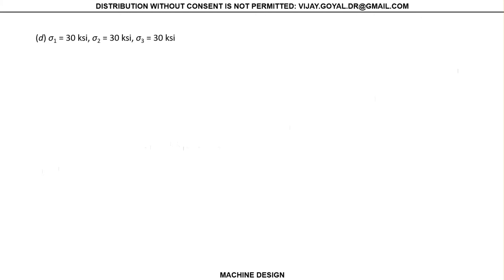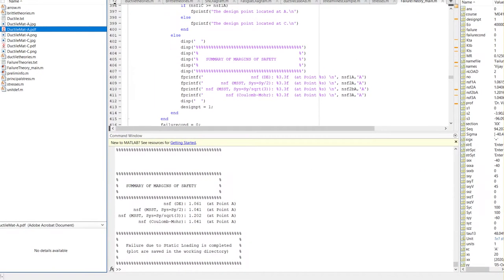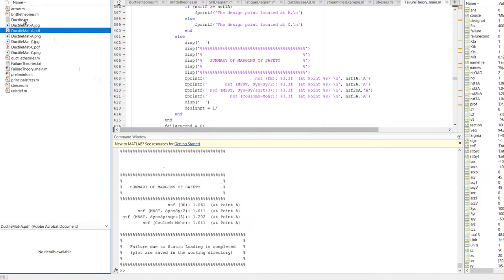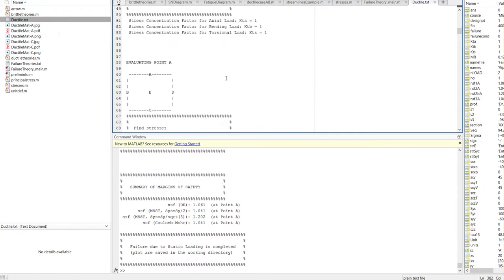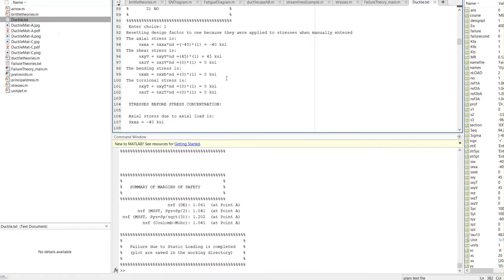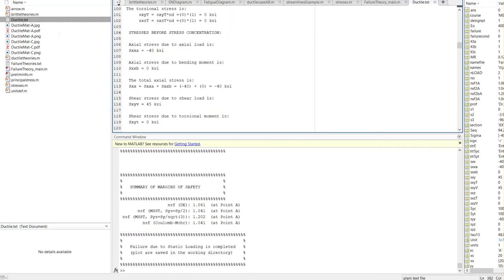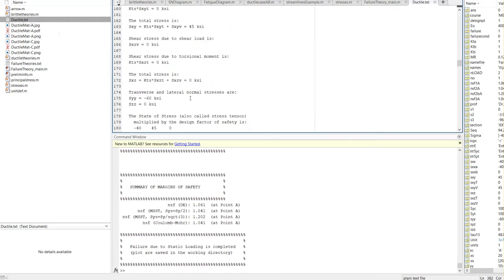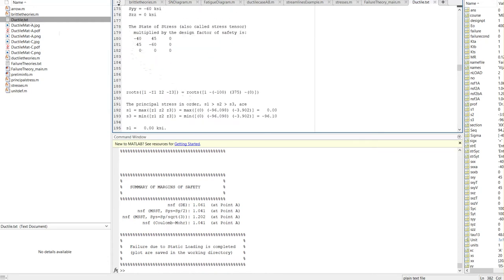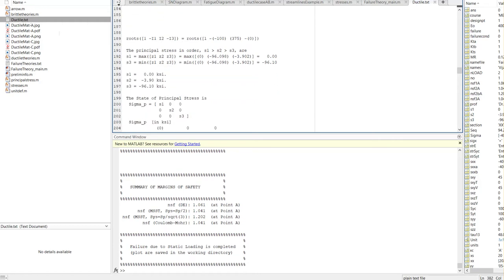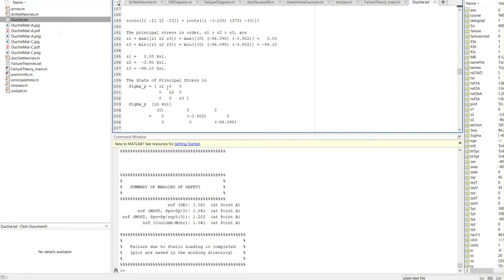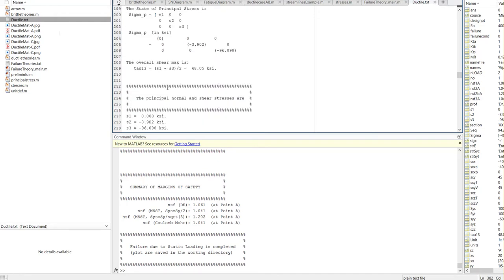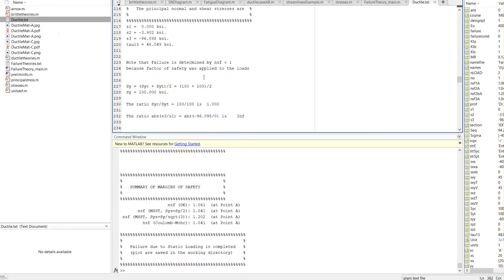So I have this case now. I just wanted to point out that here in the file, ductile, you have everything that you entered in the problem, multiplied by the design factor, and then it tells you your state of stress and what your principal stresses are. As you can see in this particular problem, they're all negative.